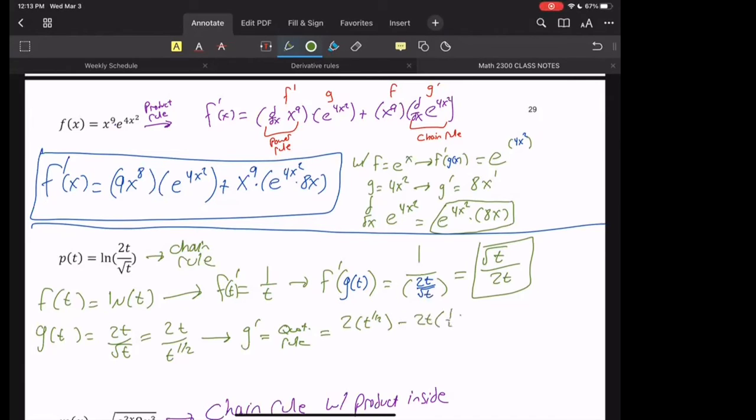Take down the power, subtract 1 off the power, all over g squared. So the quotient rule is a bunch of power rules, and then that can simplify down to something nice. Again, I'm not necessarily needing it, but in this case, it actually turns into something that's not too bad.